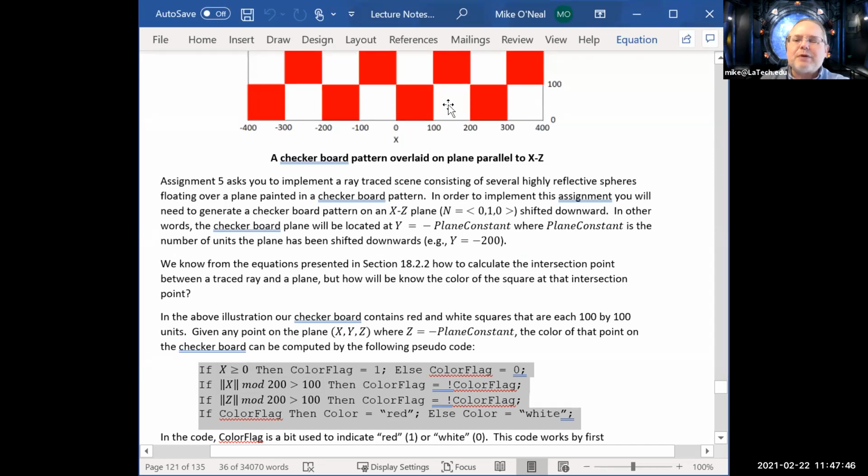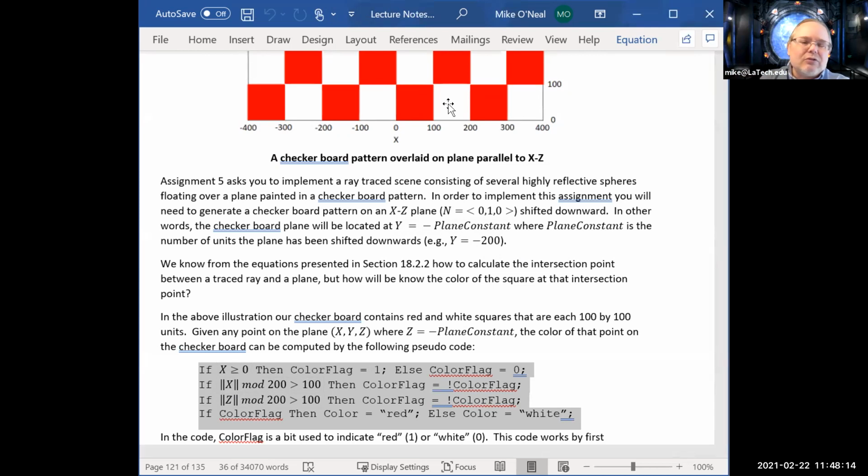So 150 is positive, it's greater than 0, so I start with a red color flag, a color flag of 1. The absolute value of 150 mod 200 is still 150. 150 is greater than 100, so flip the color flag. So it was red, now it flips to white, because at 150, I should be on a white square.